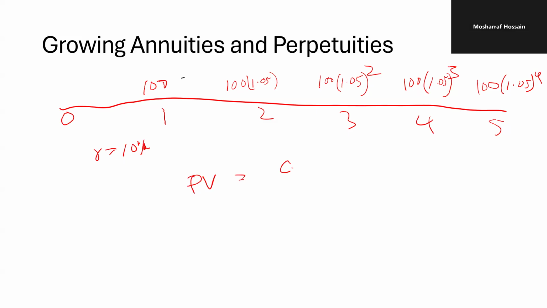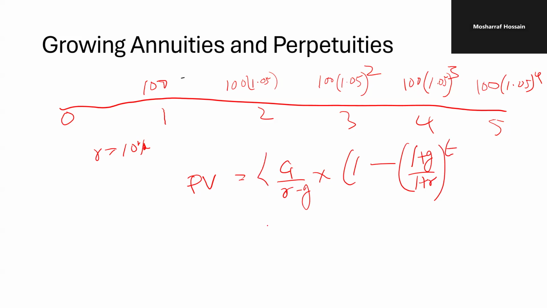So we have C1, the cash flow in period 1, R is the interest rate, minus G is the growth rate, multiplied by 1 minus 1 plus growth divided by 1 plus the interest rate, to the power of T. And here we know that T is equal to 5.